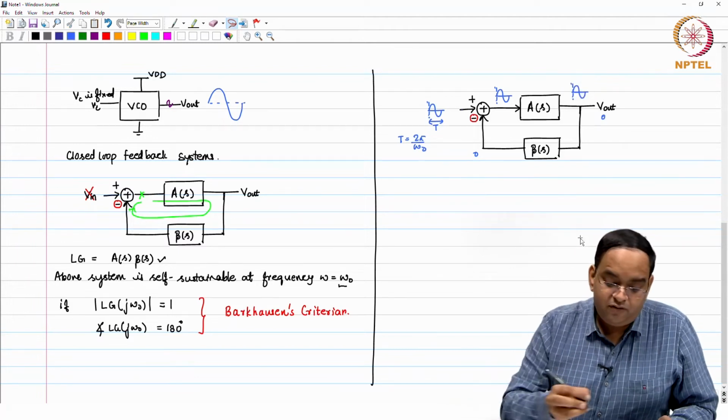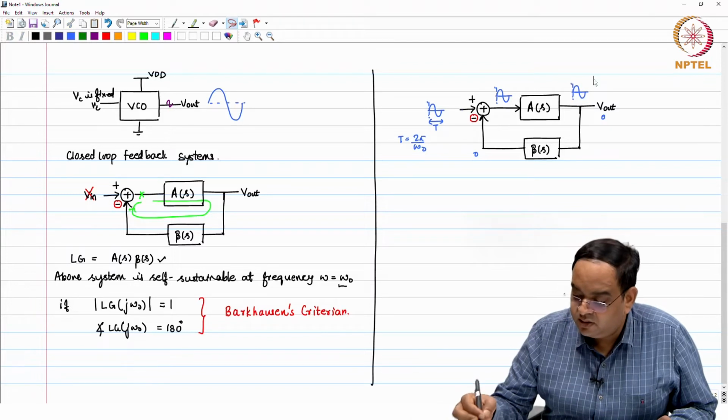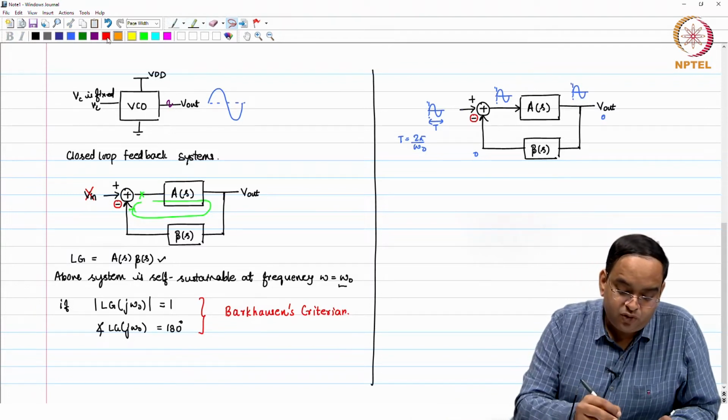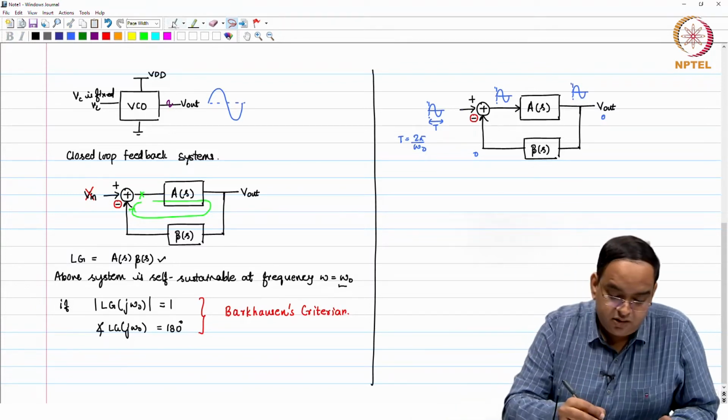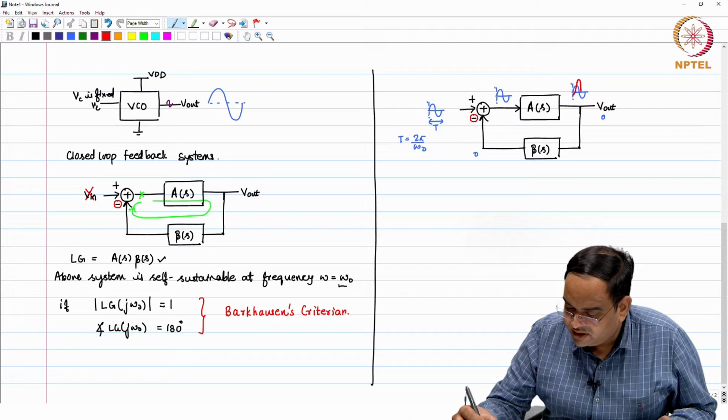A of t is going to add some kind of gain to it. So, in place of just having the same blue waveform, I am actually providing some phase shift and some amplification.